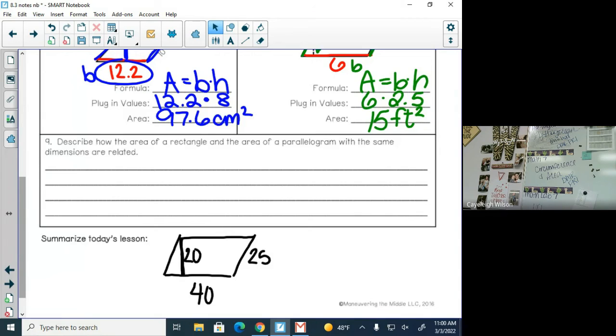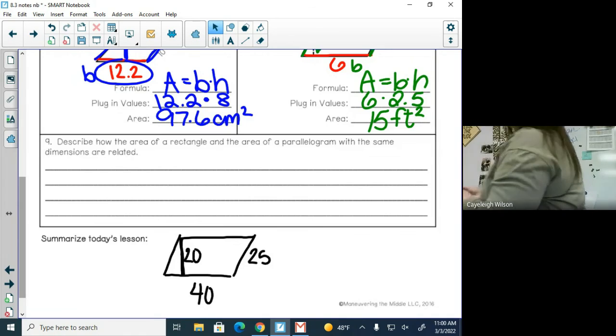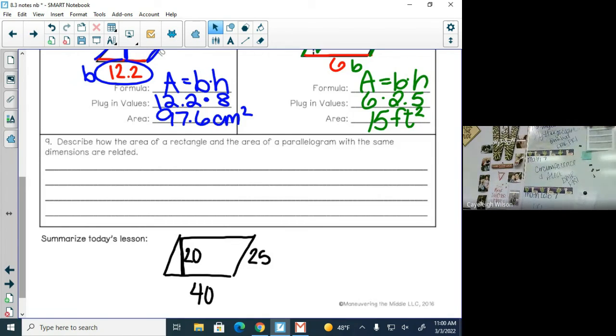Put your hands down. I want everybody right now to do it on their paper. We'll just make it inches. If they don't ever tell you, we'll just call it inches.